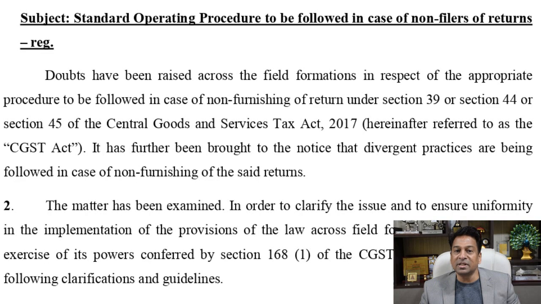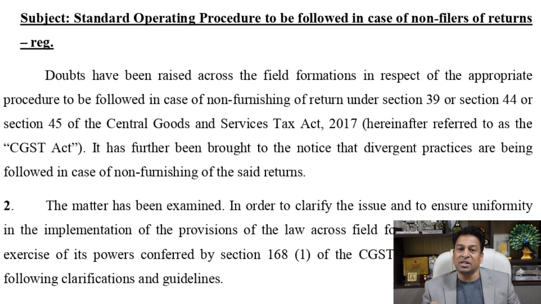providing uniformity, as divergent practice is being followed at the field level for the non-filer of return under Section 39, which is GSTR 3B, in terms of Rule 61 sub-rule 5 with the retrospective amendment.